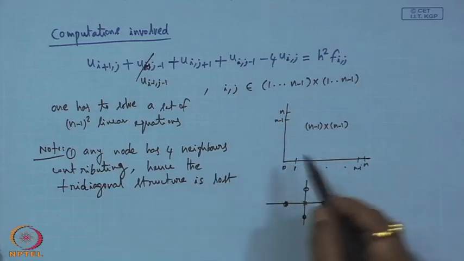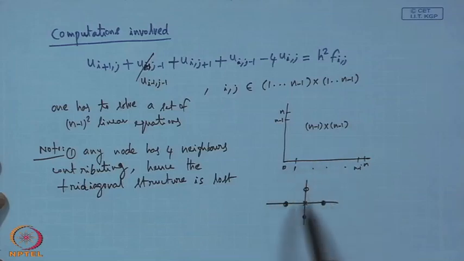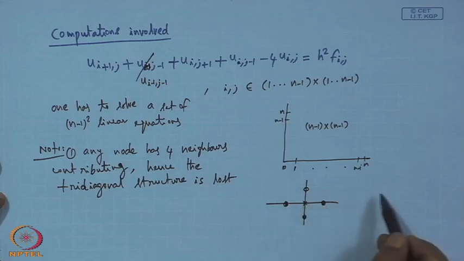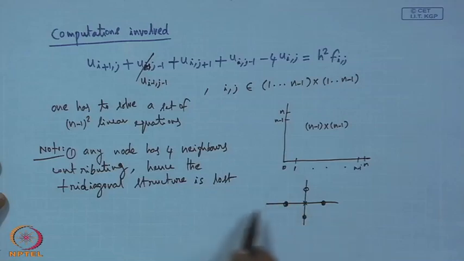In the earlier case, if you recall parabolic equations, we had a simple structure where to compute a particular value you need a few past values, an explicit scheme, which suggests a tridiagonal system. However, in this case, this is a deviation.